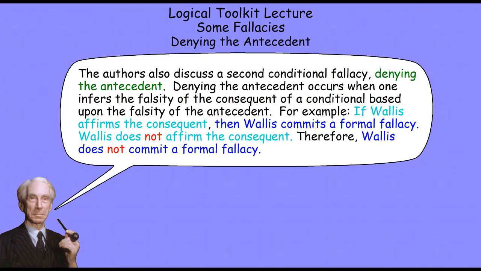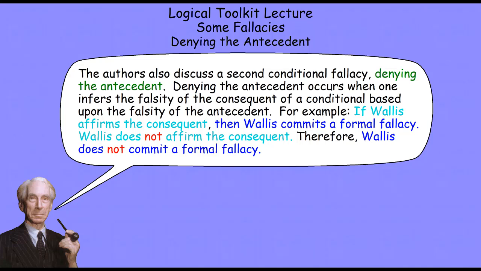The fallacy of denying the antecedent gets rid of the truth part of that and then commits a formal fallacy. So if Wallace affirms the consequent, then Wallace commits a formal fallacy. That's a true conditional statement. Affirming the consequent is a way of committing a formal fallacy. If the antecedent is true, the consequent will also be true.